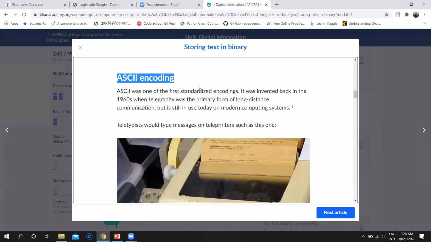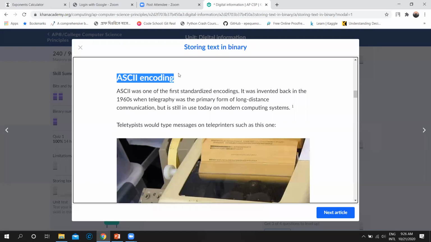Like capital A becomes 65, capital B becomes 66, a lowercase a becomes 97, lowercase b becomes 98. These are fixed numbers, and this is called ASCII coding. ASCII means American Standard Code for Information Interchange.